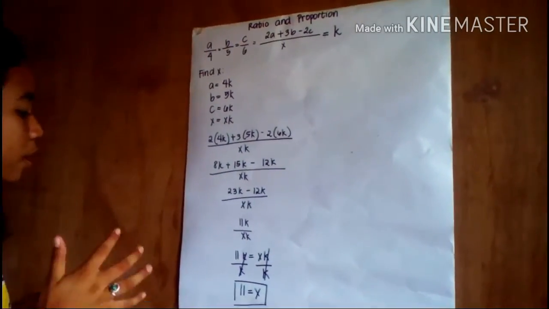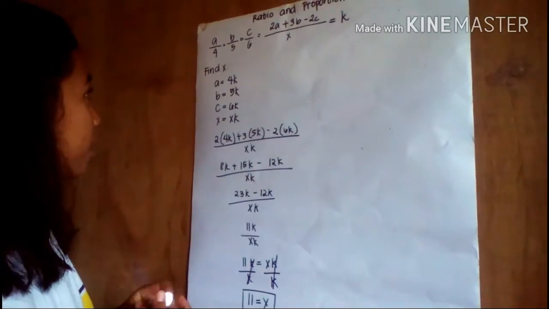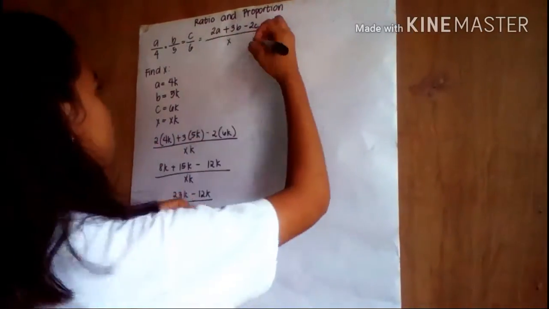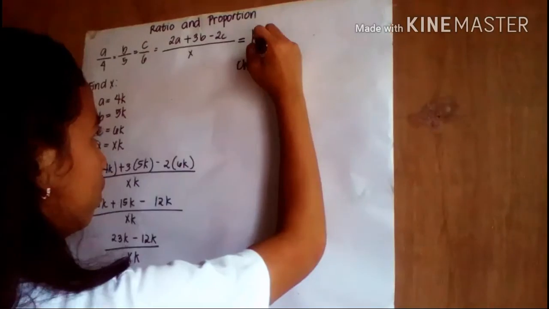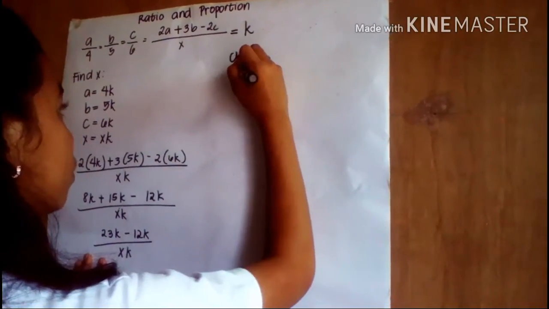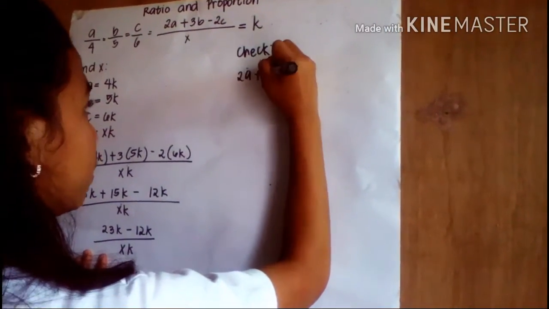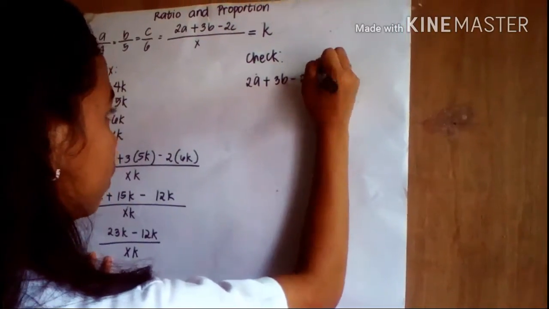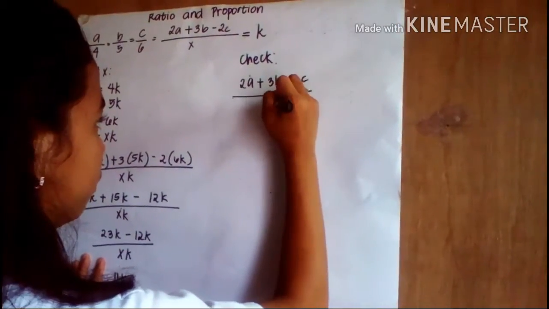To check if the value of x is correct, let's substitute into 2a plus 3b minus 2c over xk.